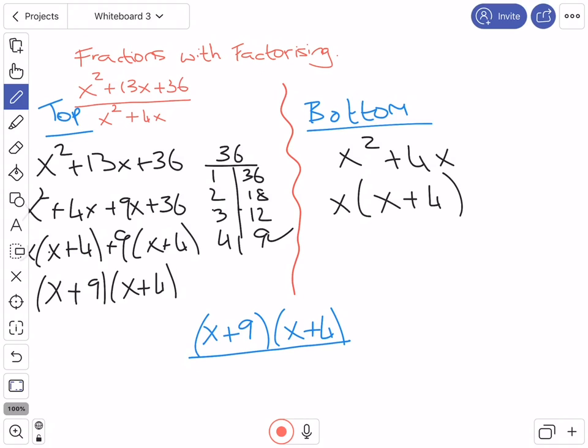And on the bottom, what I'll get is x and x plus 4. So if I have x plus 4 on the top and x plus 4 on the bottom, then they will cancel out because x plus 4 over x plus 4 is just 1. So my final answer there is going to be x plus 9 over x.